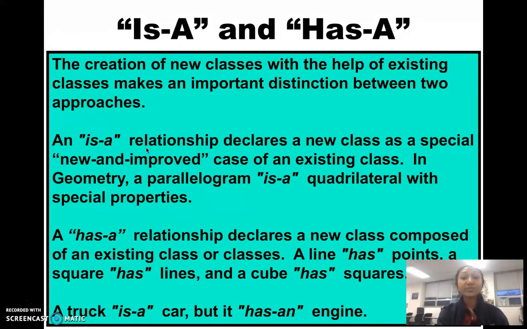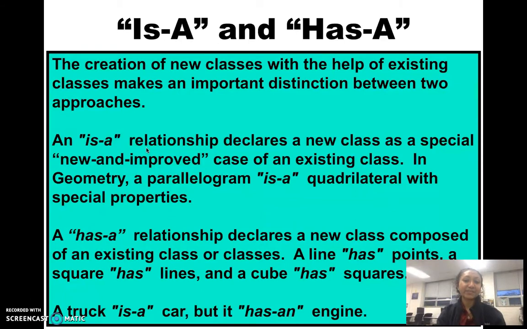The creation of new classes with the help of existing classes makes an important distinction between two approaches. An is a relationship declares a new class as a special, new, and improved case of an existing class. In geometry, a parallelogram is a quadrilateral.